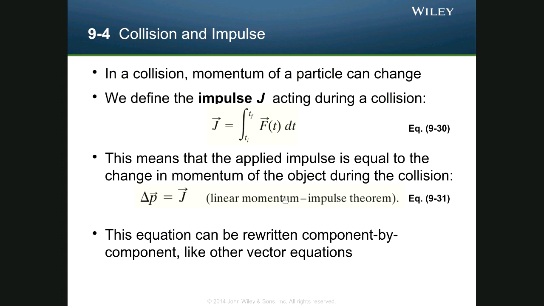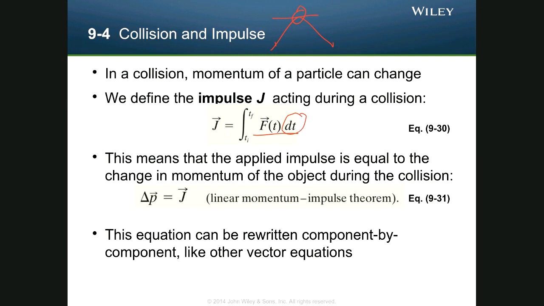So when something collides, right? So if we have some sort of collision against a wall, the impulse is the hard part, what goes on right here during this collision. And the impulse is defined, you'll notice it sort of looks like the definition of work, but we're integrating with respect to t, not position.